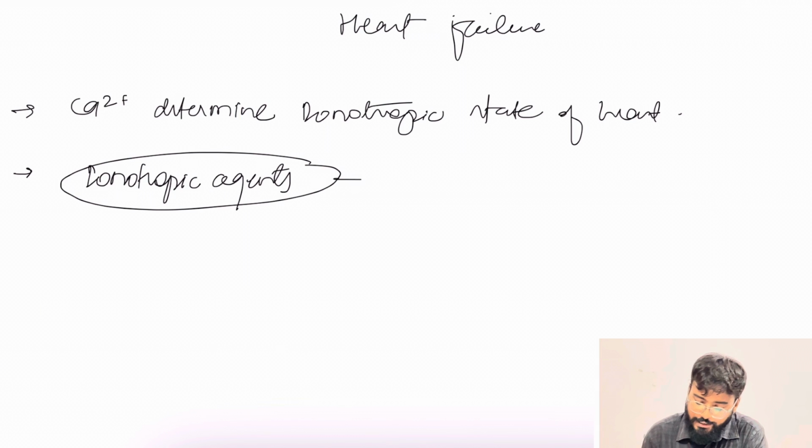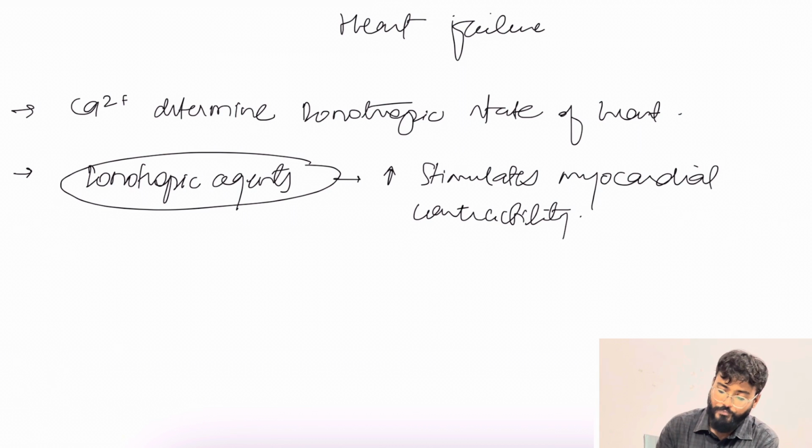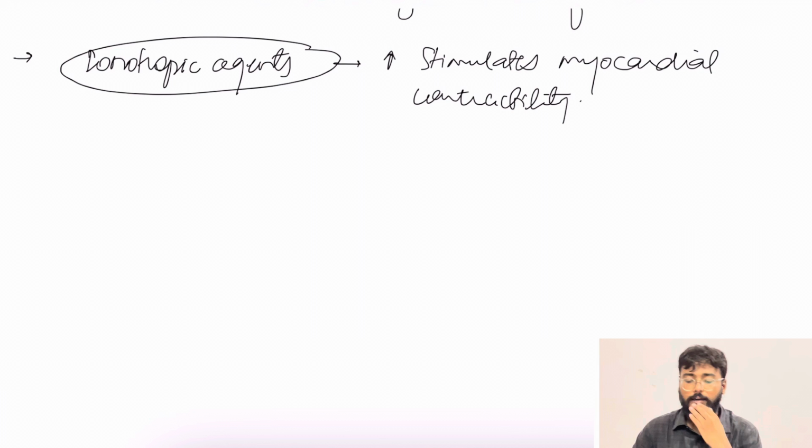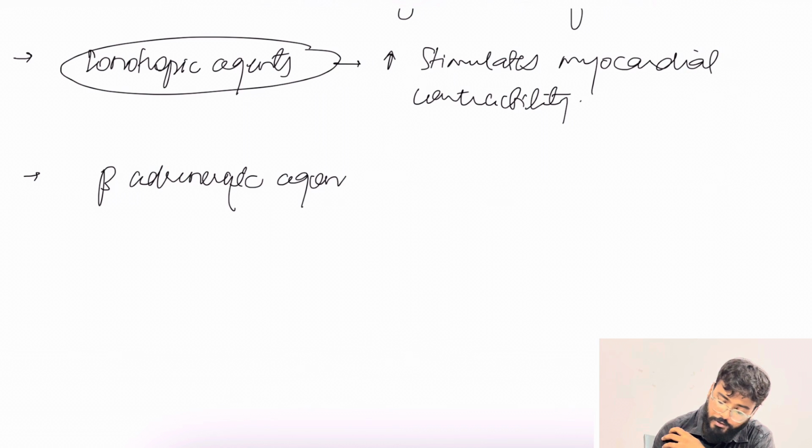These are agents that stimulate myocardial contractility. So what inotropic agents are we familiar with? We all know of beta adrenergic agonists.